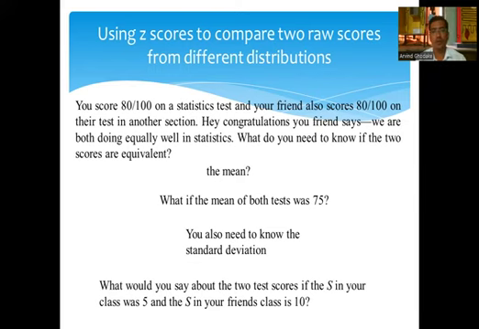What do you need to know to see if the two scores are equivalent? The mean. What if the mean of both tests was 75? You also need to know the standard deviation. What do you say about the two test scores if S in your class was 5 and S in your friend's class is 10?